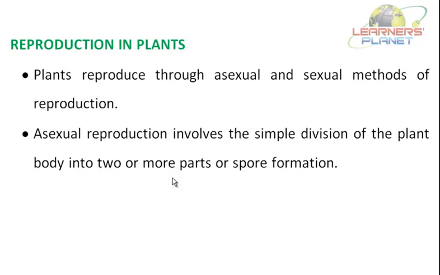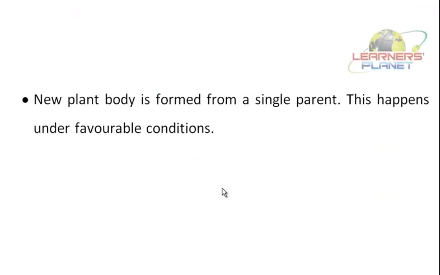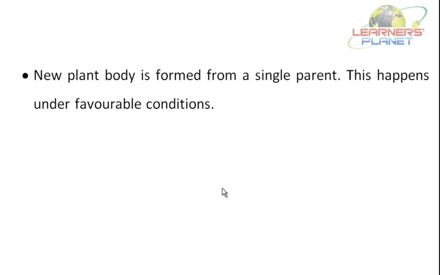But before I get down to explaining what asexual reproduction is, let us first understand what these two methods mean. Yes, asexual reproduction involves the simple division of the plant body into two or more parts or spore formation. Secondly, a new plant body is formed from a single parent, and this happens under favorable conditions.